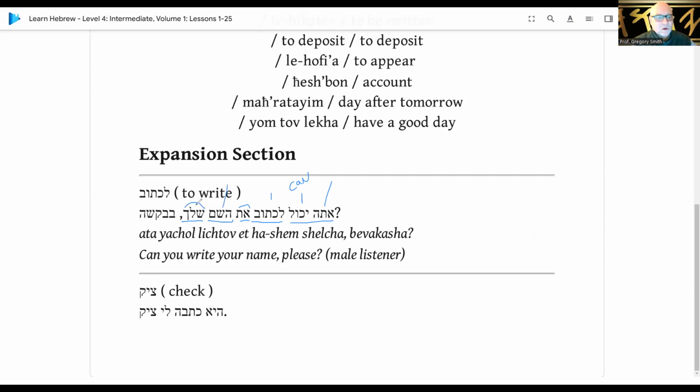The name belonging to you. So remember, shel is the possession one. Shelcha. Let's see. Bevakasha. Oh, bevakasha. That's what that means. That's like please, bevakasha. Et Hashem shelcha bevakasha.